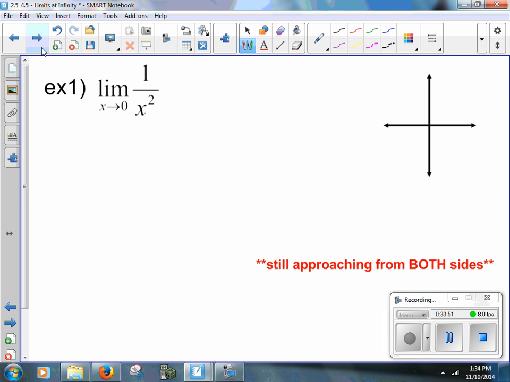We have to find the limit as x approaches 0 of 1 over x squared.